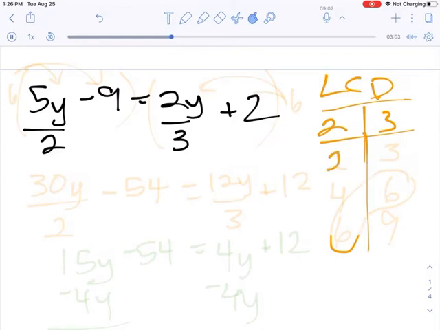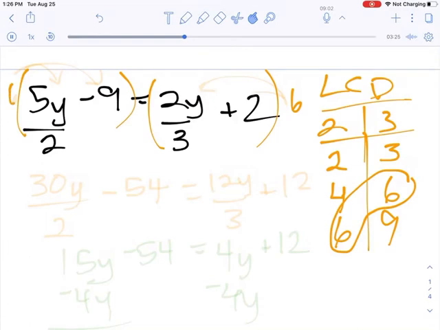First multiple of 2 is 2, first multiple of 3 is 3, next multiple of 2 is 4. The next one for 3 is 6, and then we've got 6, and then we have 9. Well, the first one that they have in common, even though it's not on the same spot, is 6. So that means we're going to multiply both sides by 6.